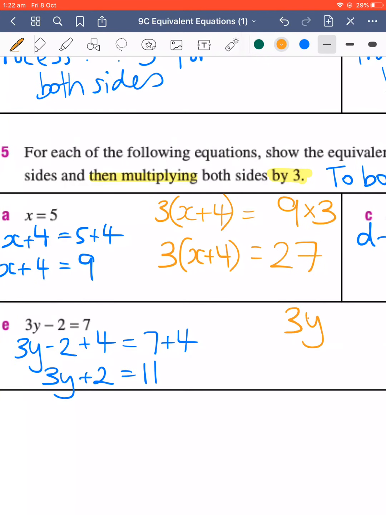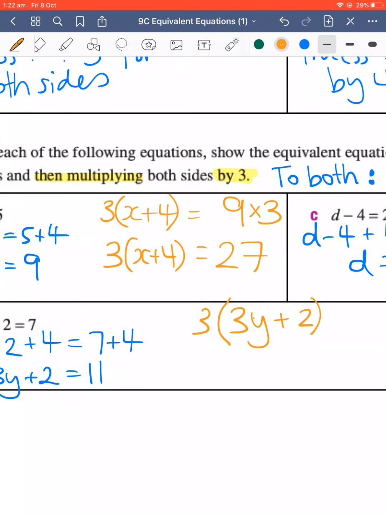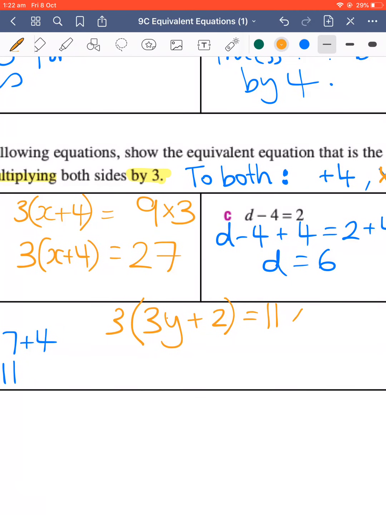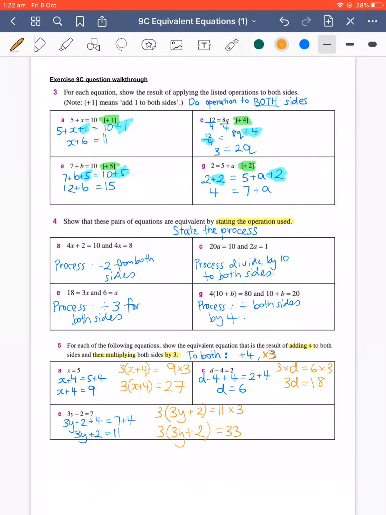So I've got 3y plus 2, and I am multiplying by 3, and I had 11, and again I need to multiply it by 3. So I can keep my brackets, keep it nice and neat, and then multiply this part here. So 11 times 3 gives me 33.